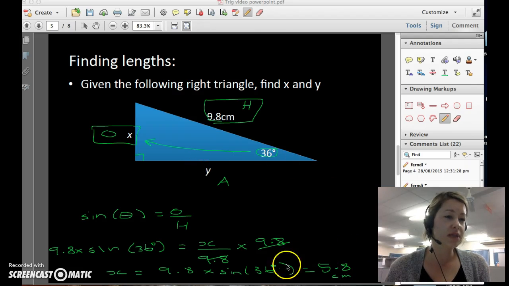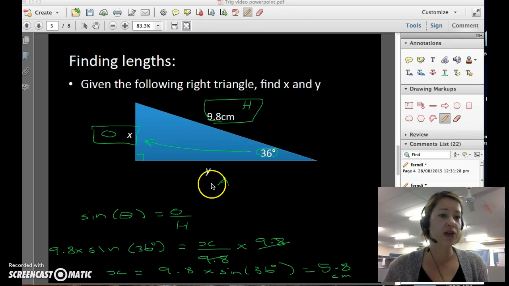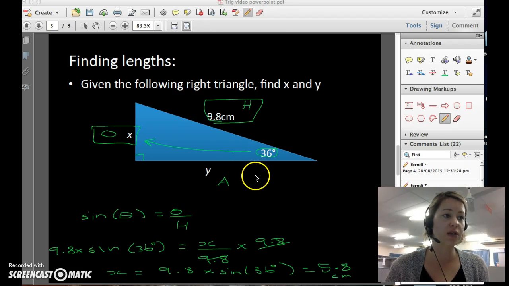But if I made a mistake with x, then I'll definitely get the value of y wrong as well. So I'm going to avoid that and use the trigonometric identities again to find the value of y. What we need to do now is determine which trigonometric identity to use.